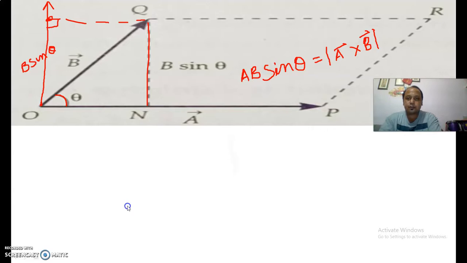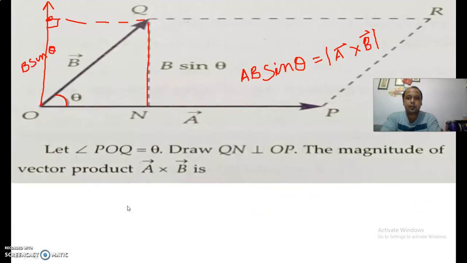Therefore, as already discussed, we have the angle theta between vector A and vector B. We have dropped a perpendicular QN on OP.